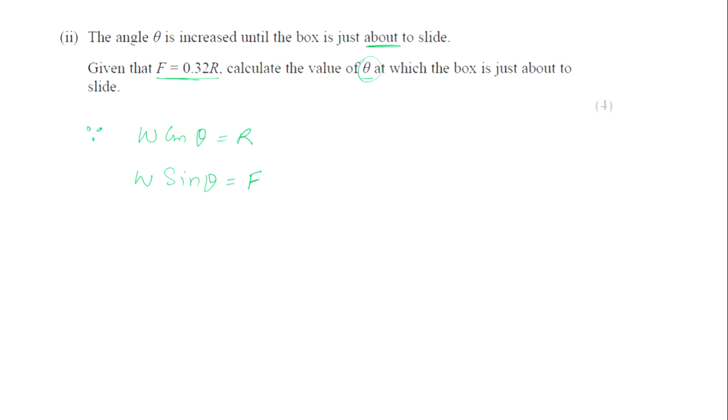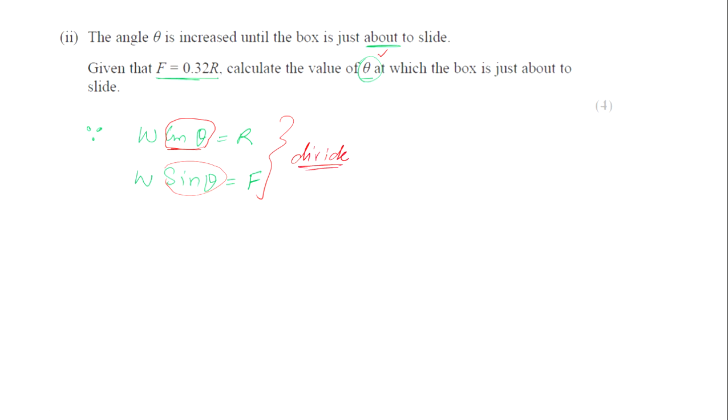Remember, this is another key idea. Whenever you are given trigonometric equations in terms of sine and cos, so you have one equation involving cos, another equation involving sine, and you need to find the angle, then the idea is you will have to divide these two equations.